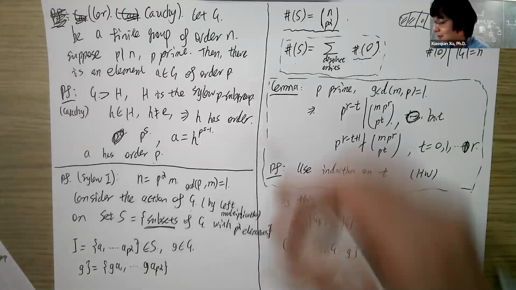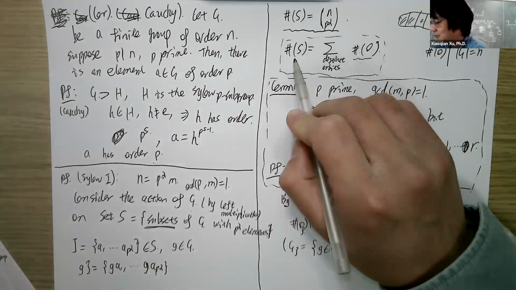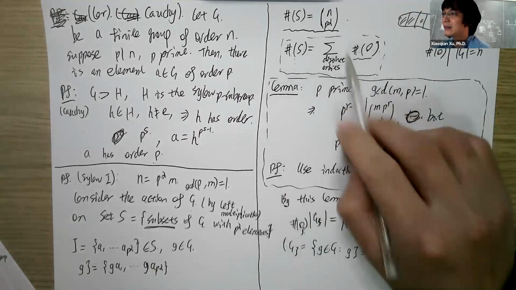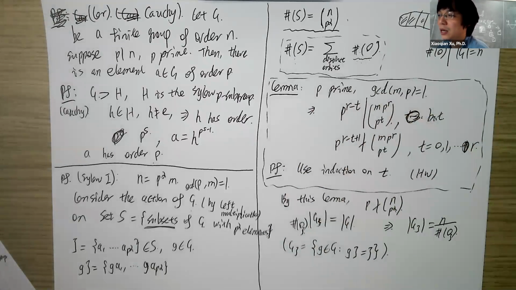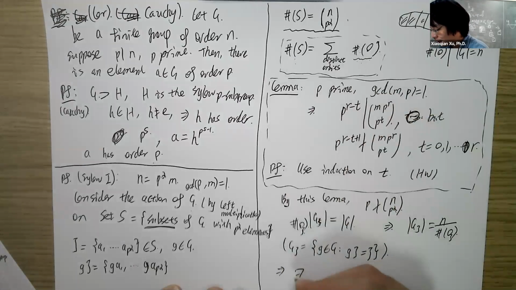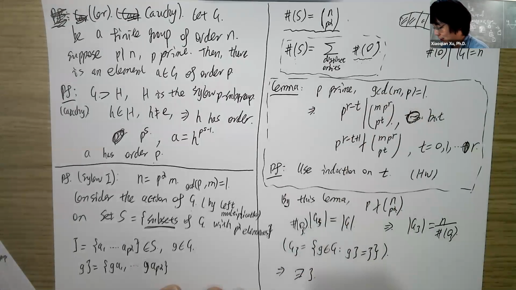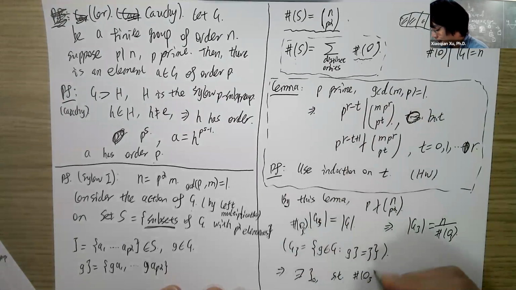P does not divide this side. So you cannot have everything on the right-hand side having P as a divisor. So that means there exists some C, let's say C0, such that the number of this orbit does not divide P.